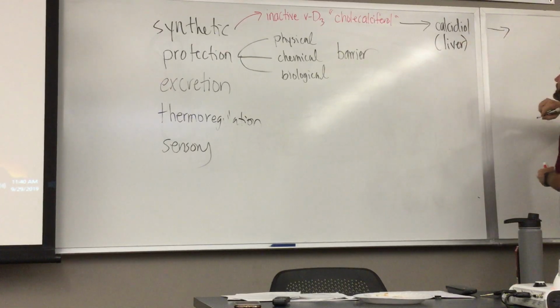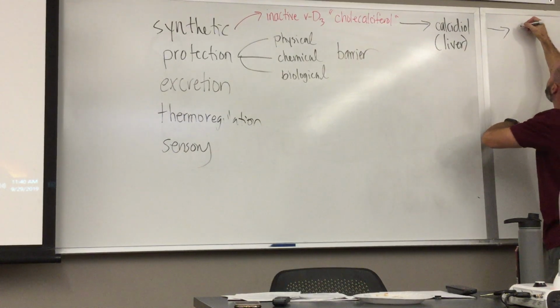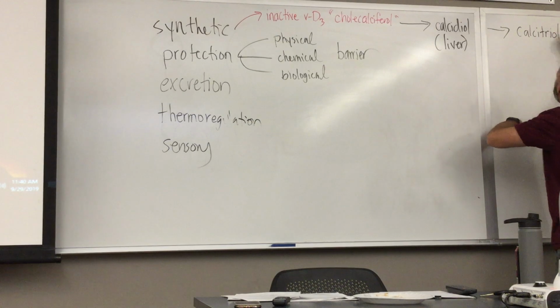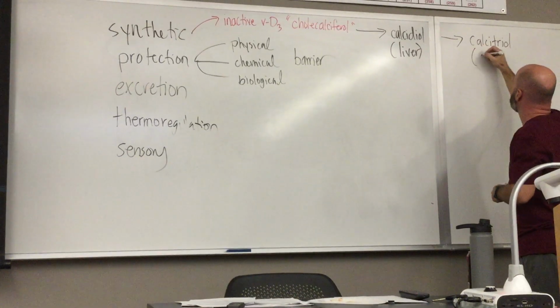That gets picked up by the kidneys. So cholecalciferol goes into the blood, the liver picks it up and makes calcidiol with it, back into the blood, and the kidneys pick it up and make calcitriol, which is a steroid hormone.